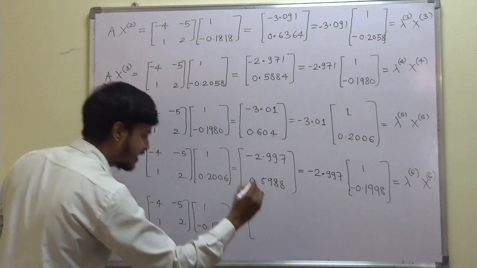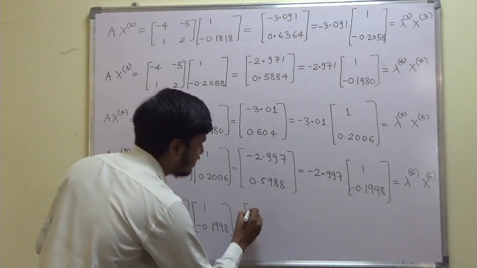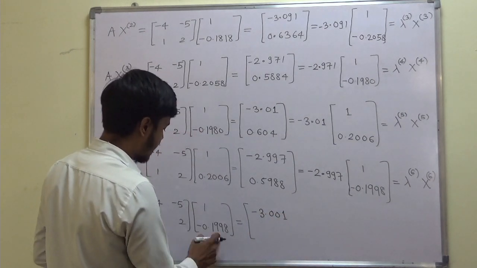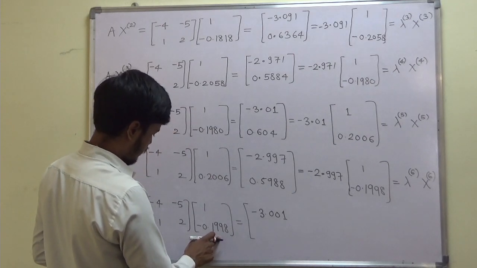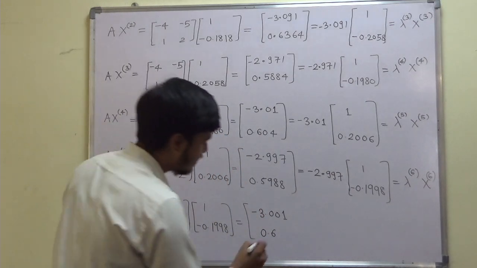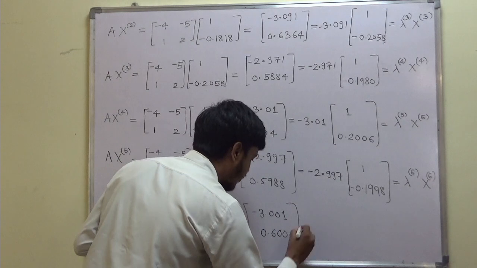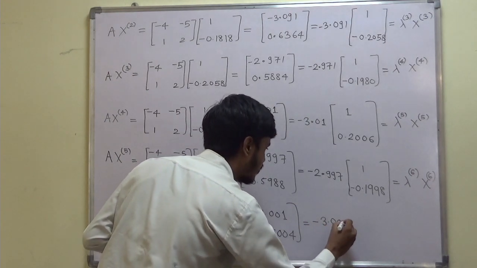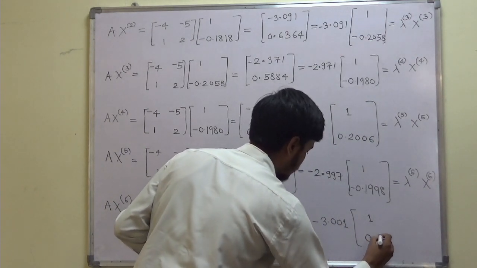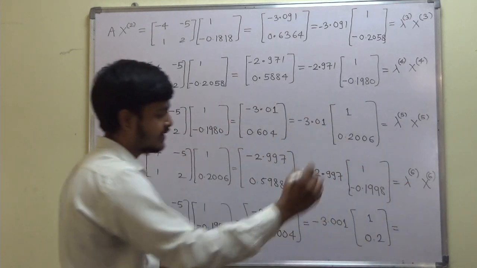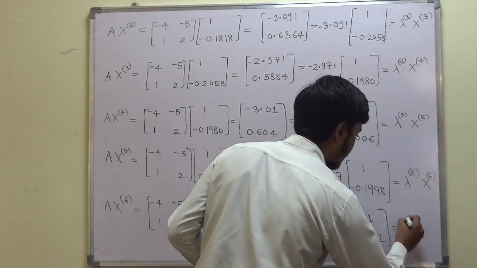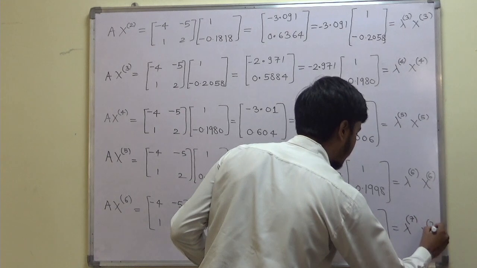When you solve this, you'll be getting -3.001, and here this is 1 minus 0.4, so this is 0.6004. Now take out -3.001 outside, you remain with 1, and this is -0.2. So this is -3.001 and this is -0.2, and say this is lambda power 7 into x power 7.